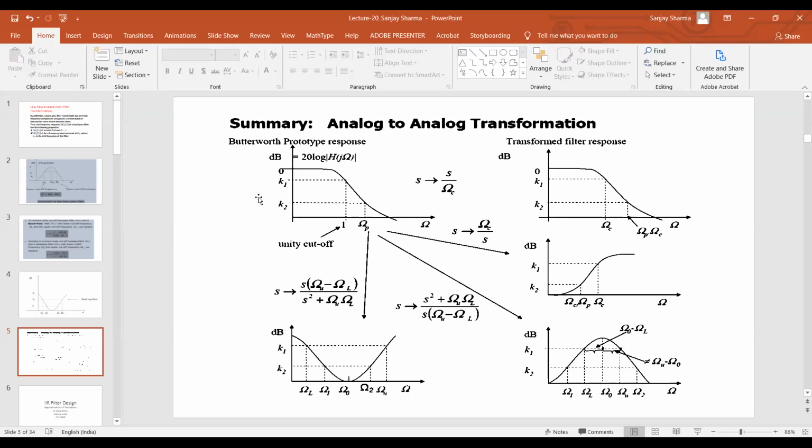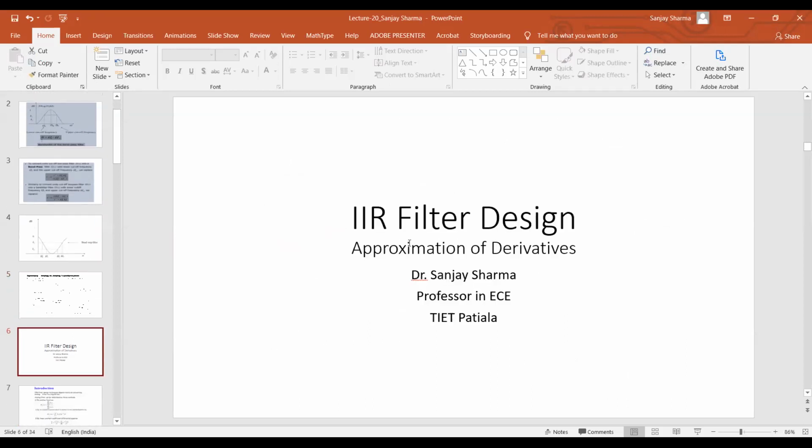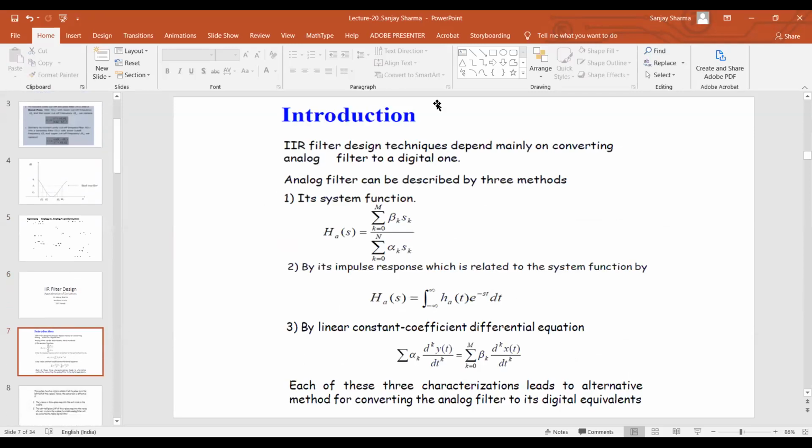The second technique is the impulse invariant method, and the third, very popular technique is bilinear transformation. One by one, I will complete the digital IIR filter design also. So let us start with IIR filter design by approximation of derivatives.